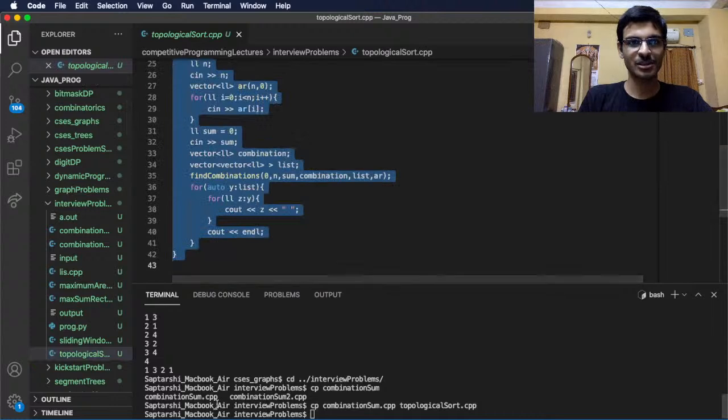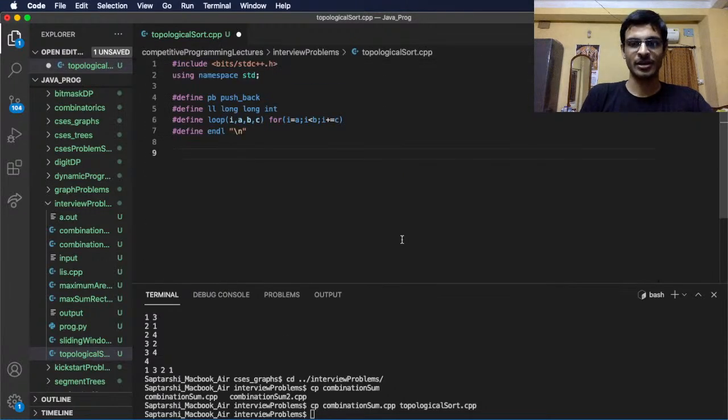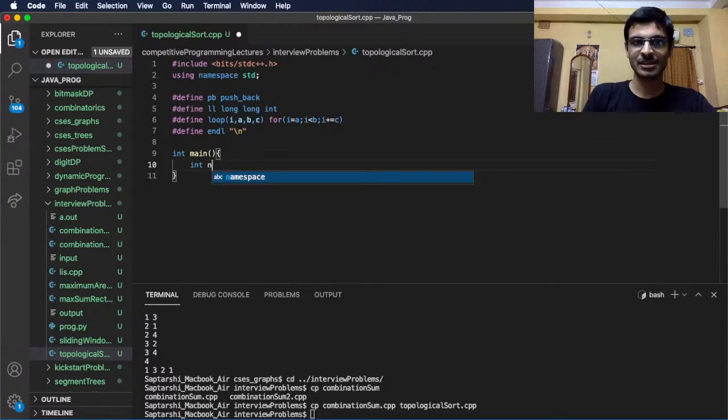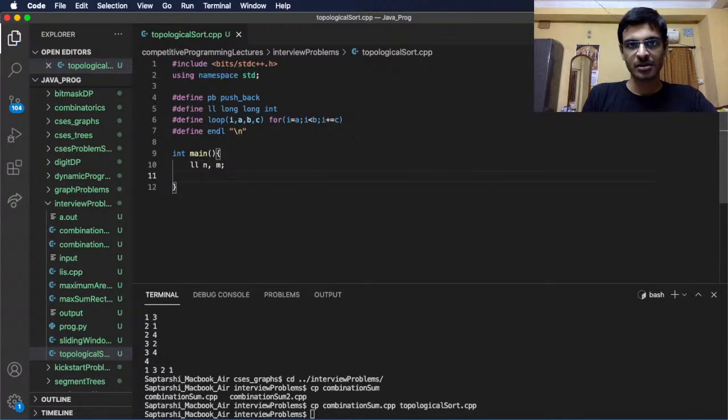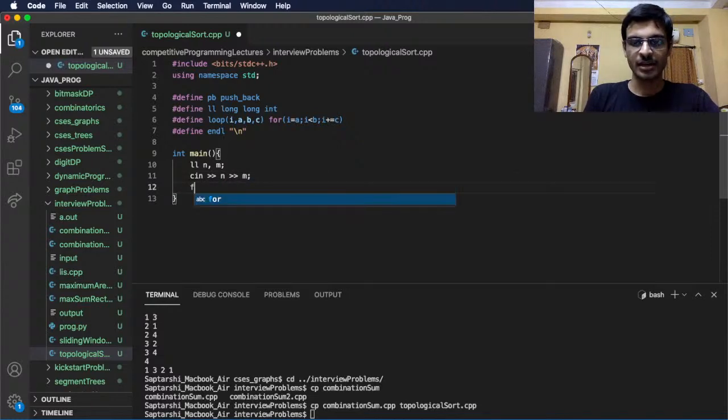So let me remove all these things. Okay, int main, and let us take something like long long n, that is the number of vertices, and maybe m. So we will enter the number of vertices, and then we will enter m.